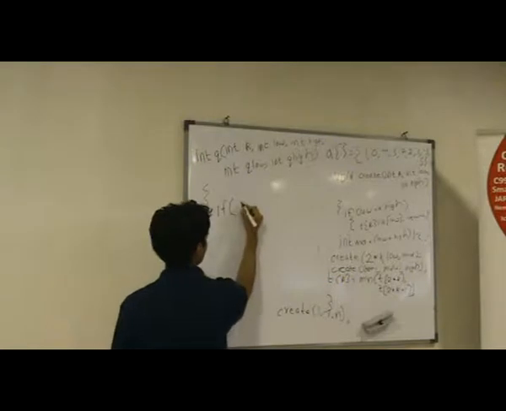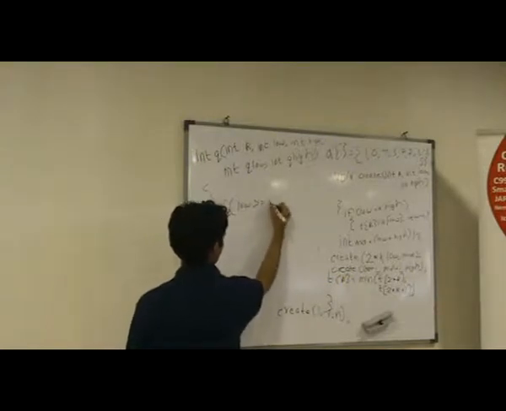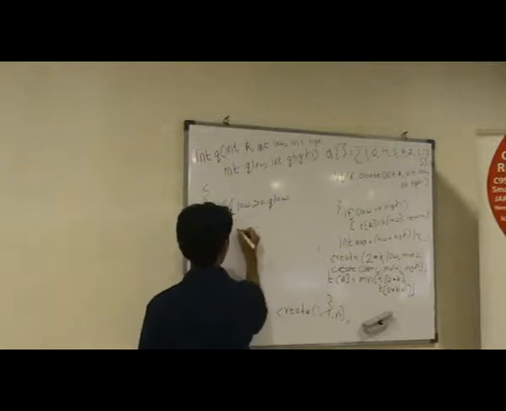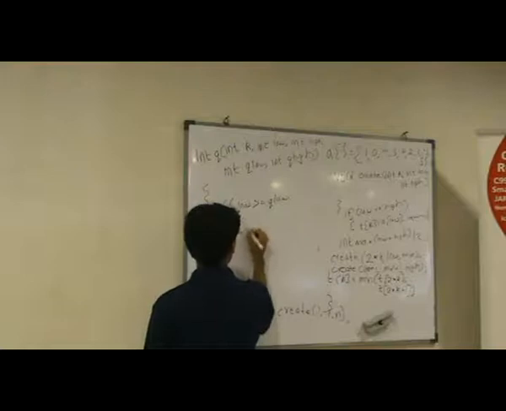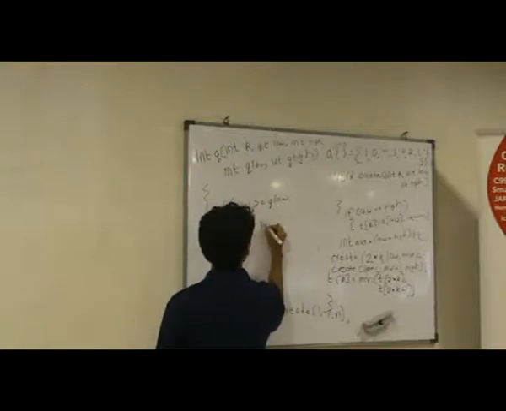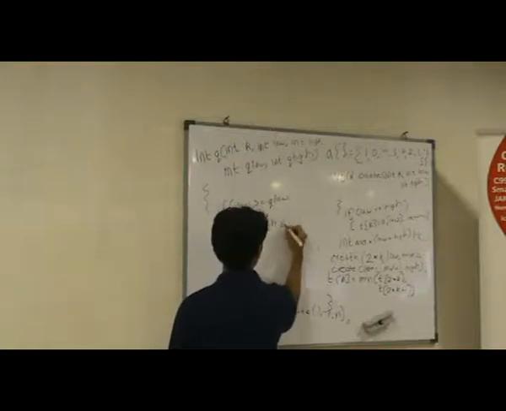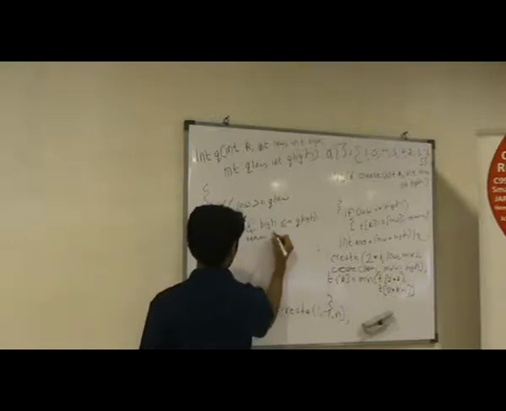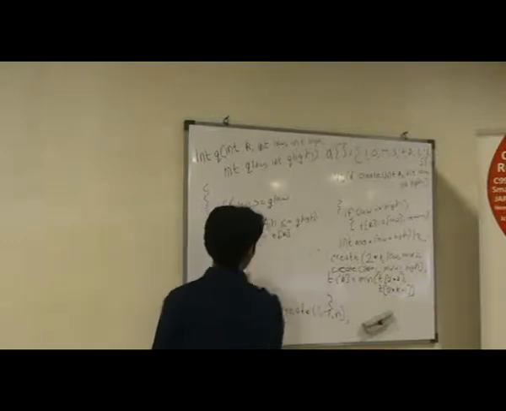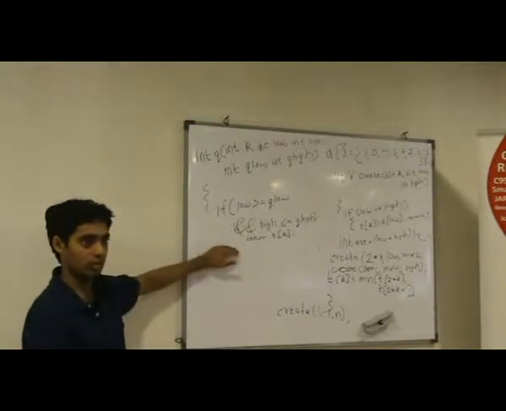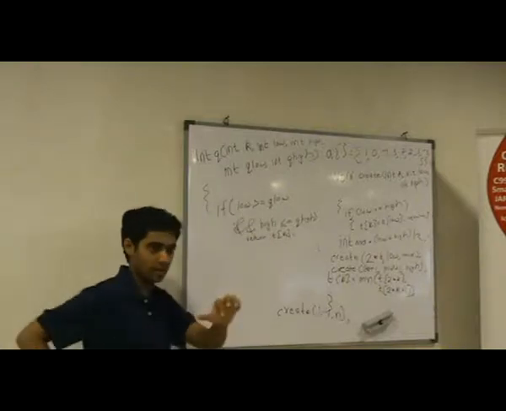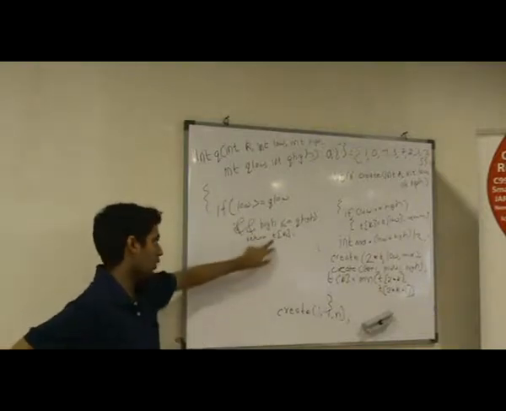If low is greater than or equal to q low, and high is less than or equal to q high. So in this case, when you have the range completely lying inside the query range, you return the value as it is.